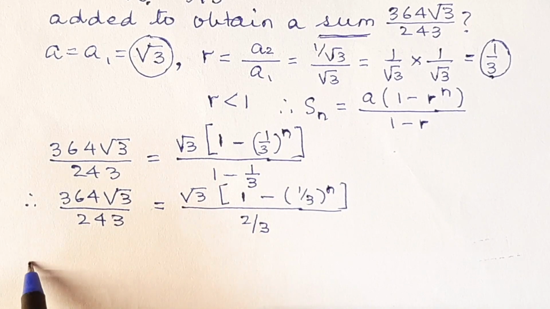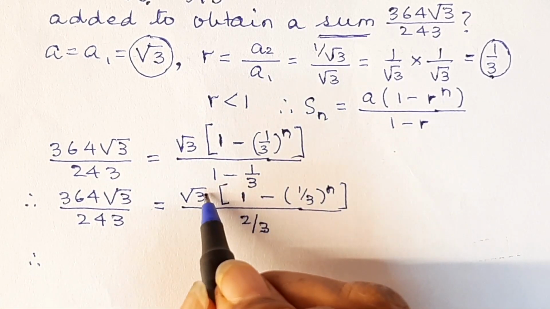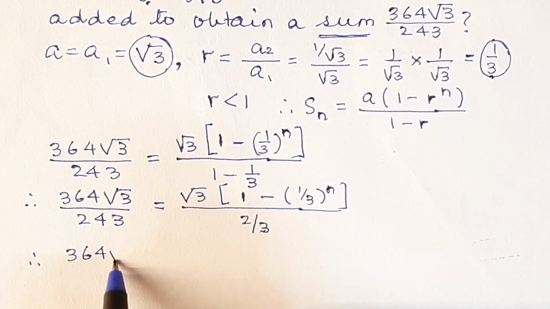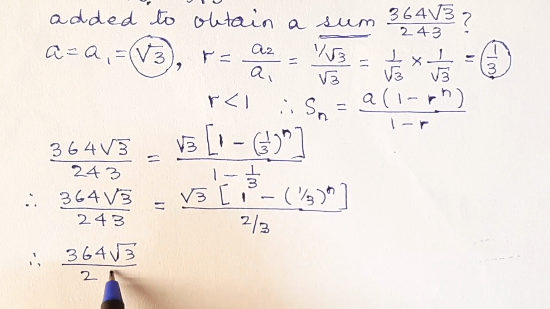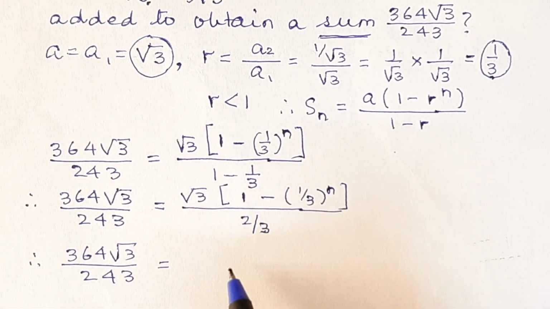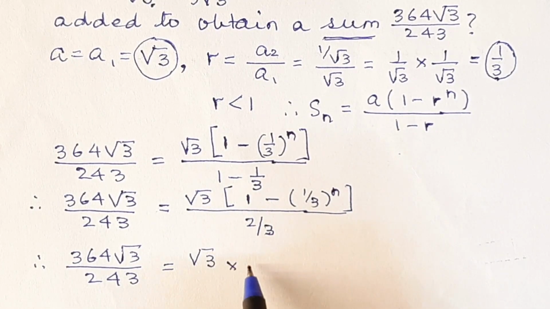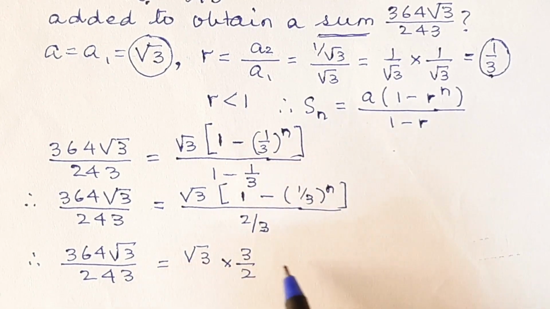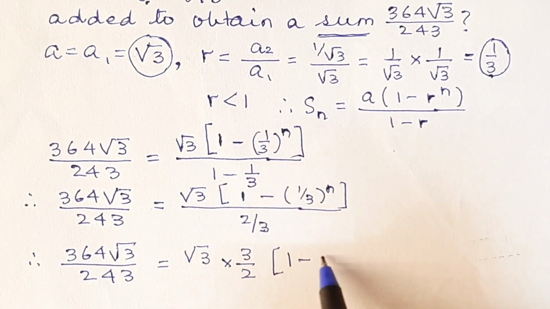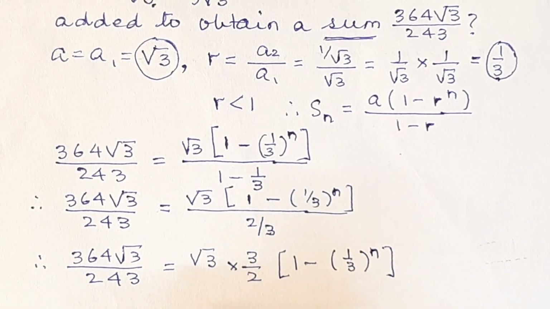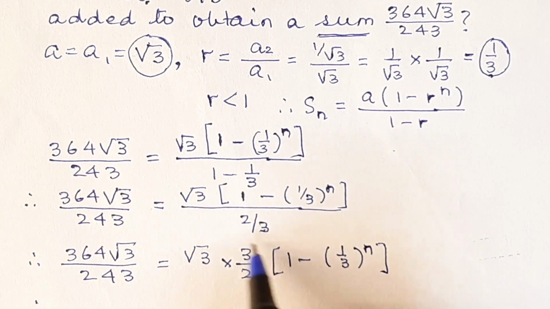All right. Now, in our next step, we will take this and multiply. So we will have 364 root 3 upon 243 equal to root 3 divided by 2 upon 3, which means multiplied by 3 upon 2, and this bracket remains the same. Do not touch this bracket. Now, these numbers that you see here, we will bring to the left hand side.